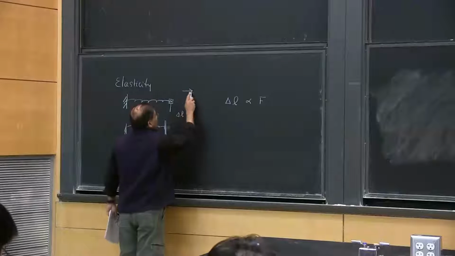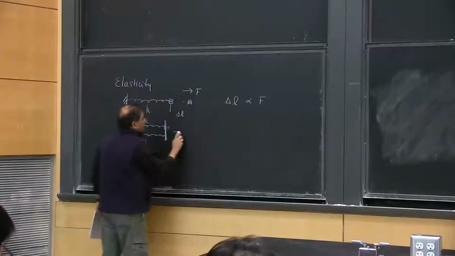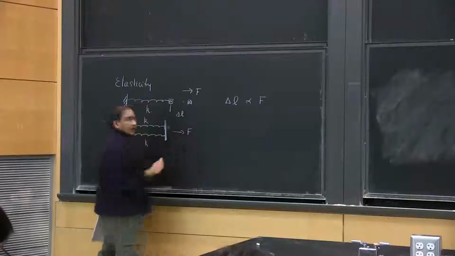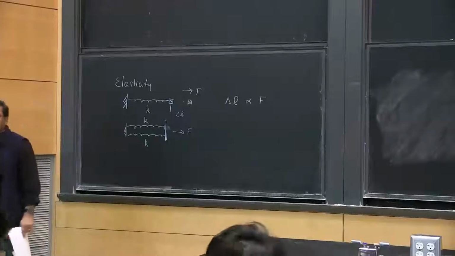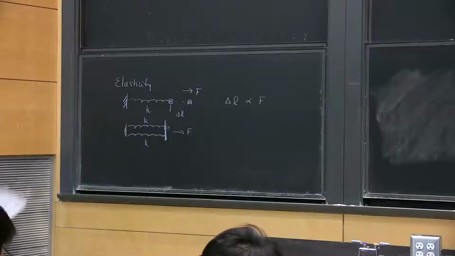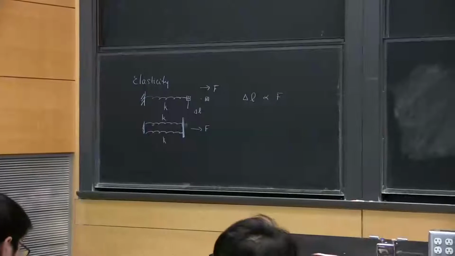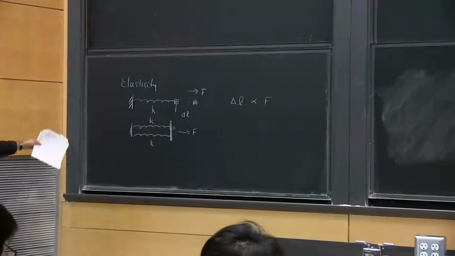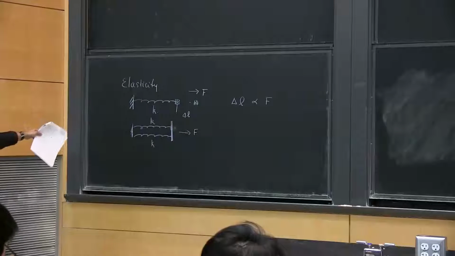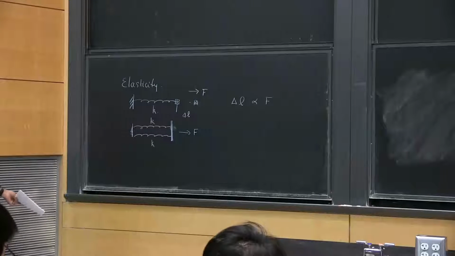So I apply the force here, and the force is F, and I apply the very same force. How much do you think that this system will elongate by compared to the previous one? The second one, half, because the force is the same.